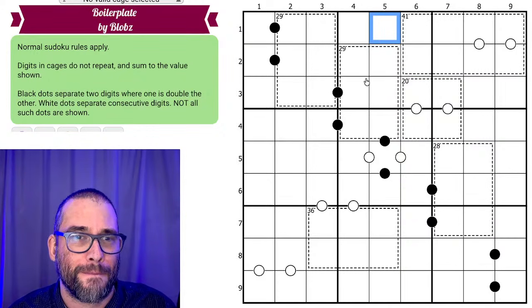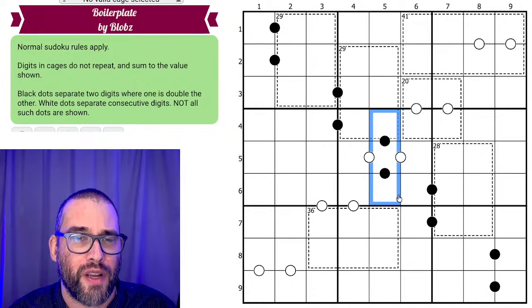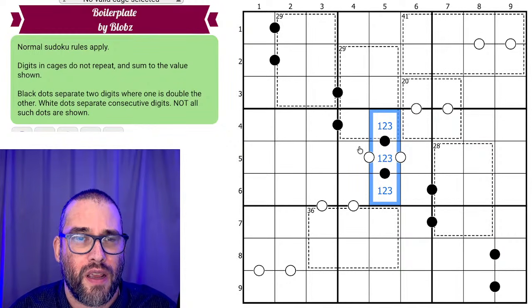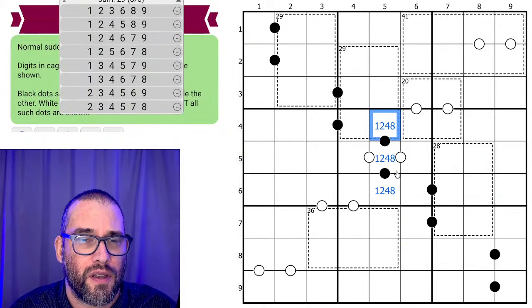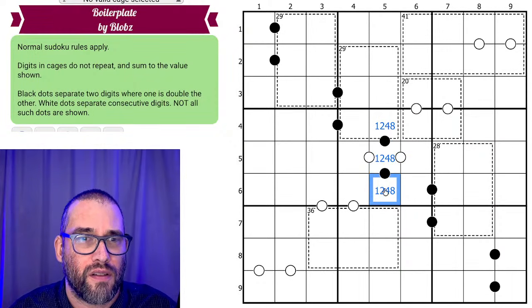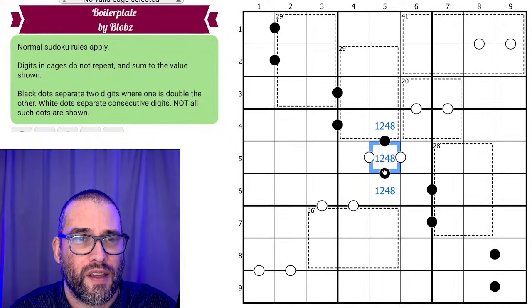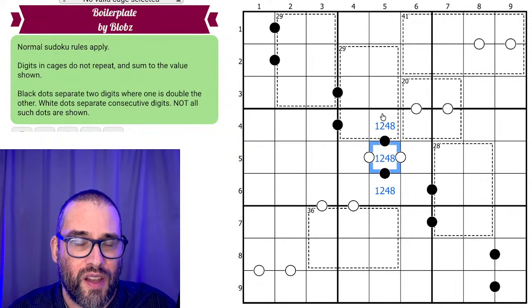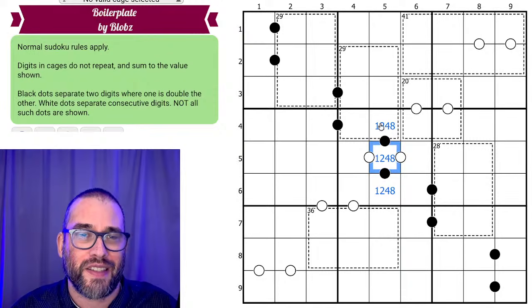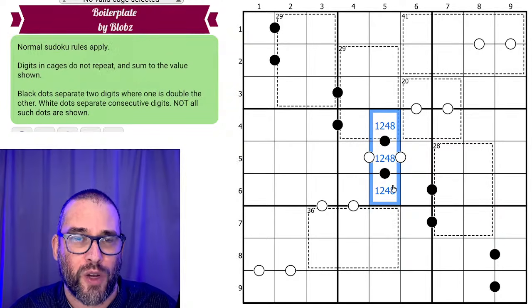Let's see. We have a string of 3. Row 5, column 5, as Garian says, is given, because these have got to be from 1, 2, 4, 8.